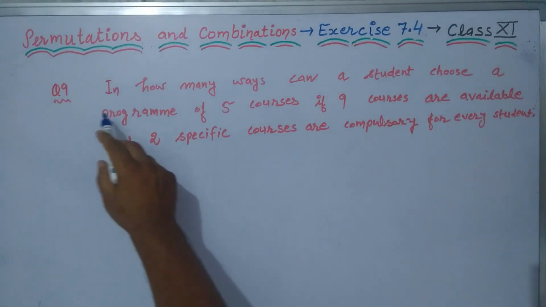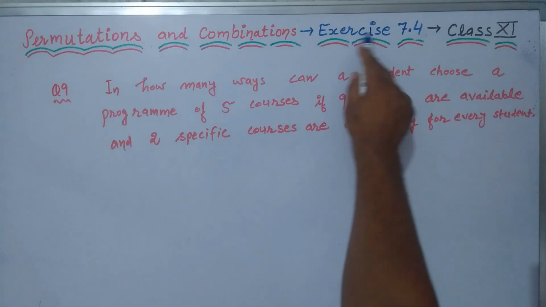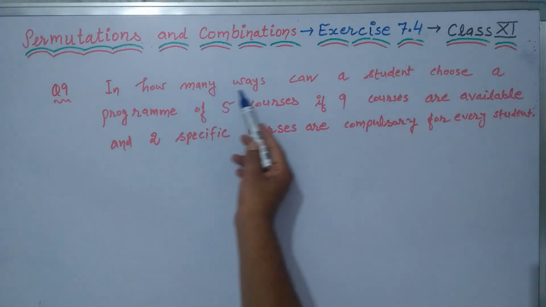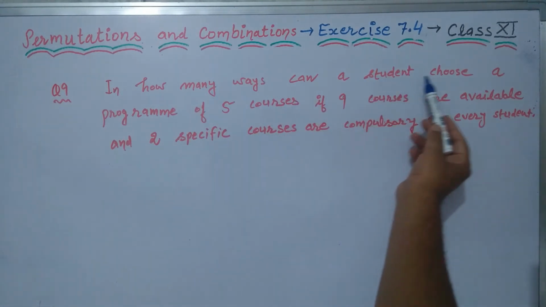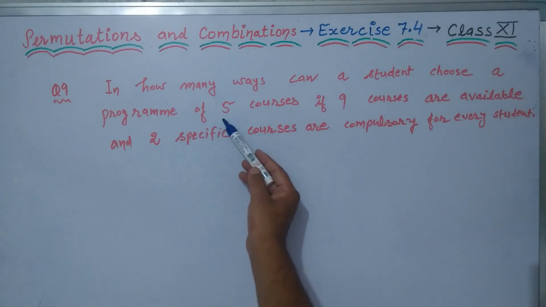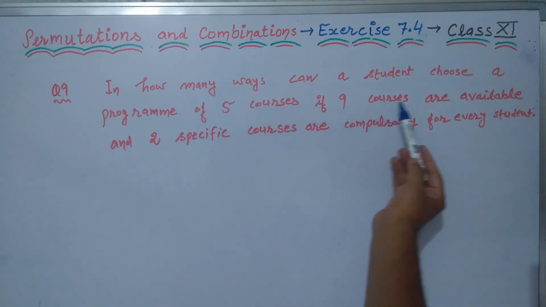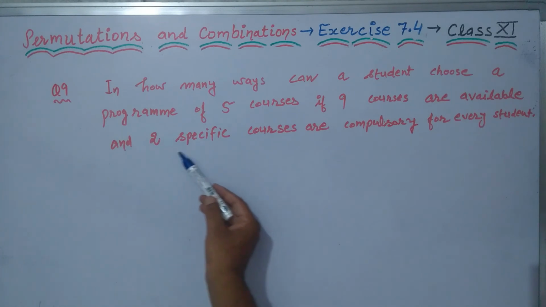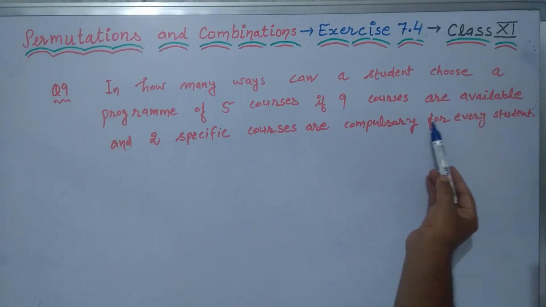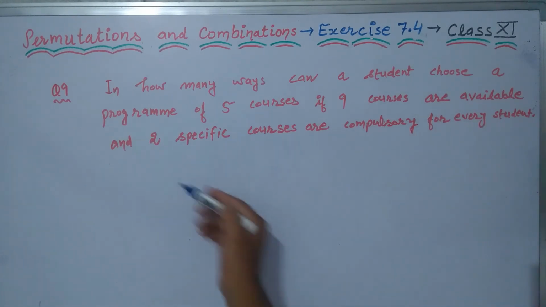Question number 9 is the last question of the exercise 7.4. In how many ways can a student choose a program of 5 courses if 9 courses are available and 2 specific courses are compulsory for every student?